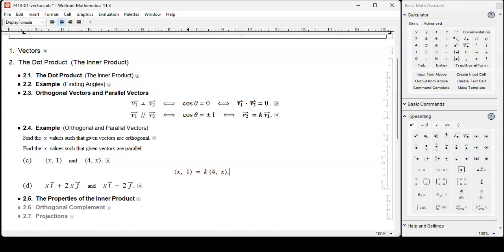What do you mean by that? Left-hand side x is 4 times k, and the second left-hand side is 1, that's k times x. So we ended up with a system of equations.